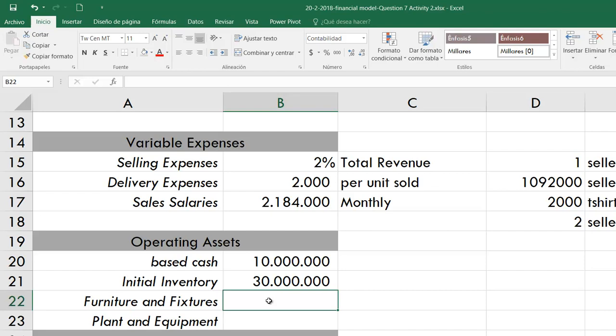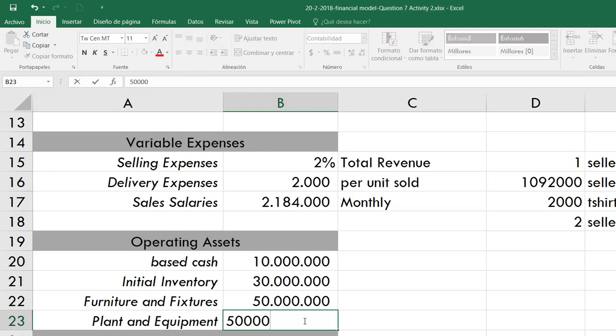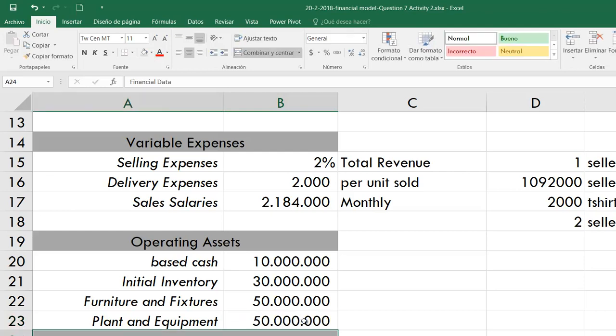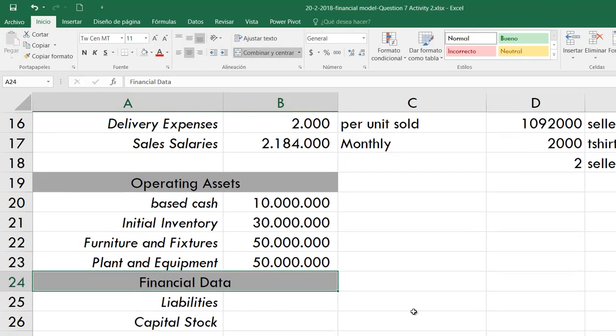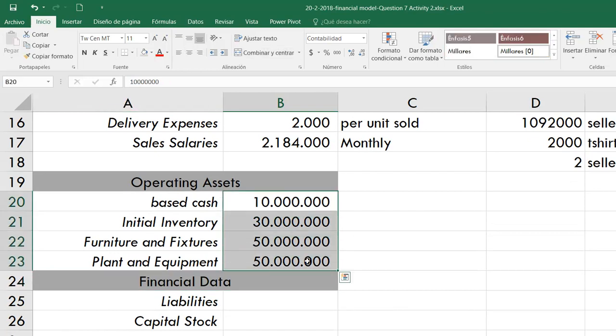I discussed this with my partners, and we realized that we need close to 50 million pesos, and for plants and equipment, let's say we need another 50 million pesos. So if I add this amount of money, I notice that all my assets are actually 140 million pesos.